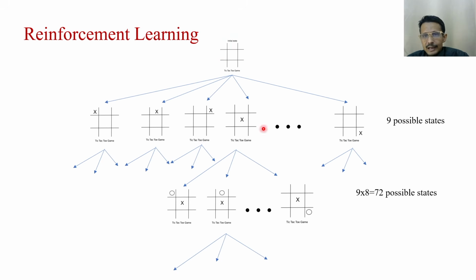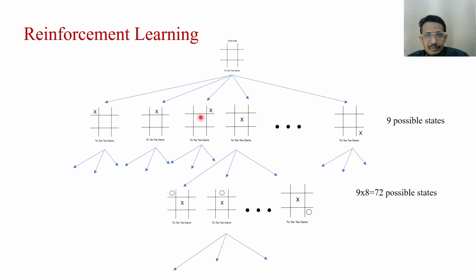Since there are a total of 9 positions, there are 9 possible states depending on which position the cross mark is given, and for every such state there are 8 different locations. If we take this kind of tree-like structure, it gives the different states of this game.